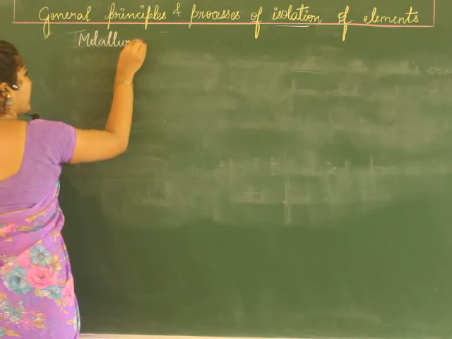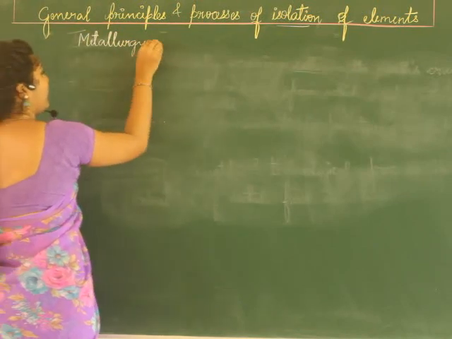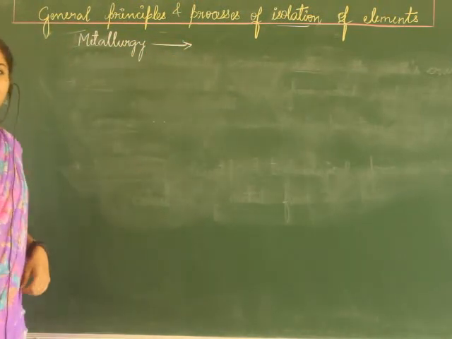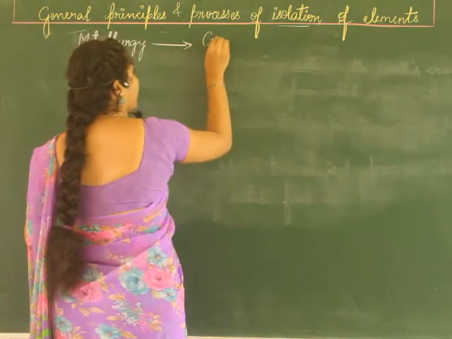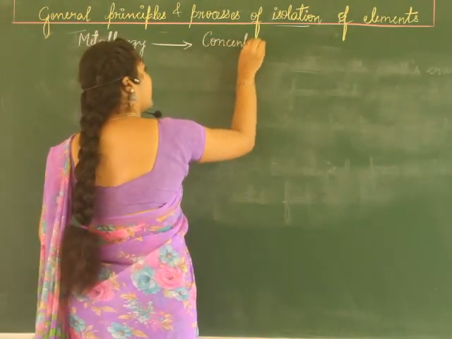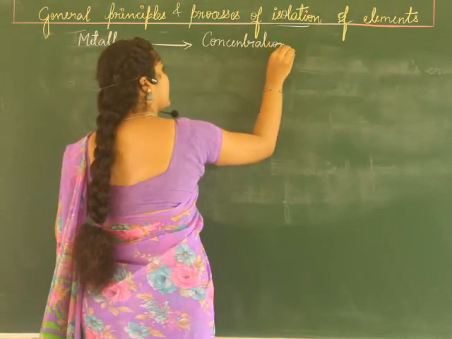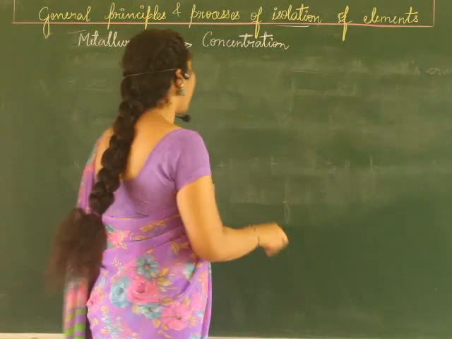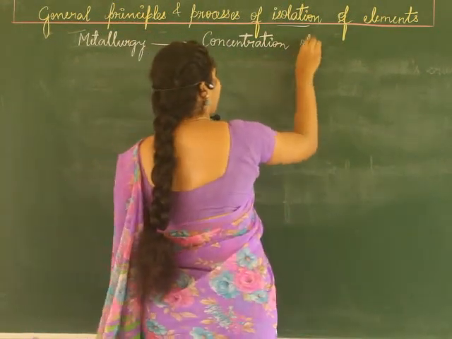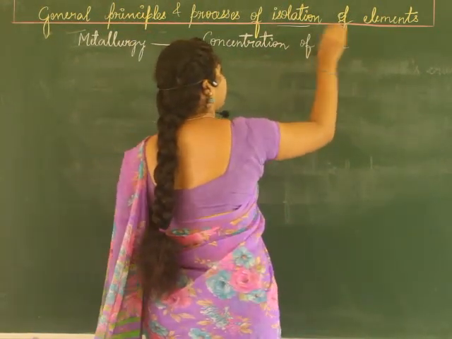Metallurgy involves the following steps. First, after collecting the mineral, the ore, in the sense the mineral from which we are extracting the metal, concentration of that ore will be done.